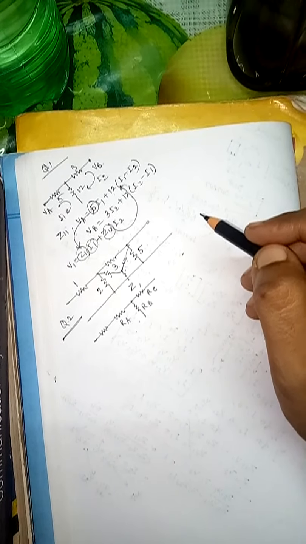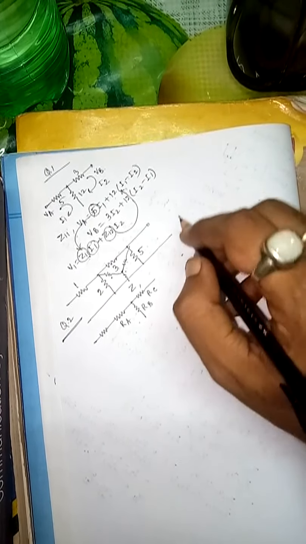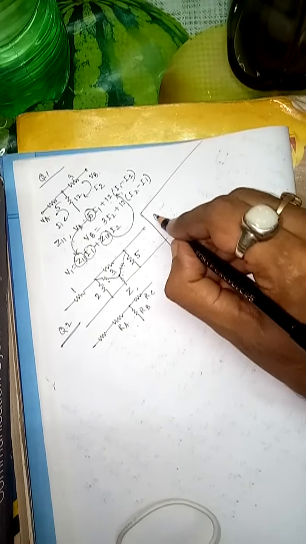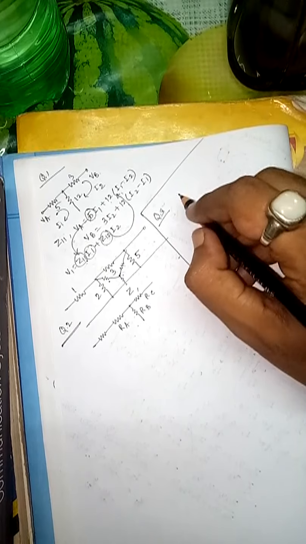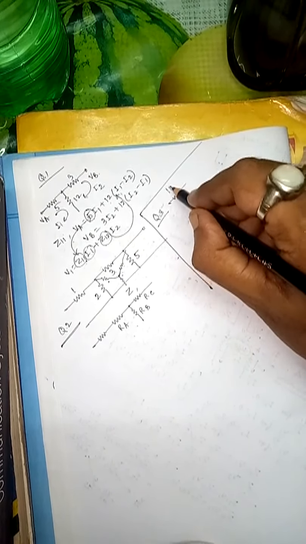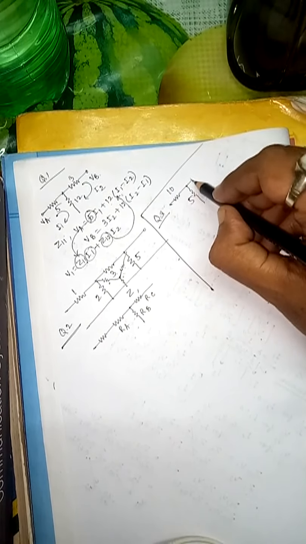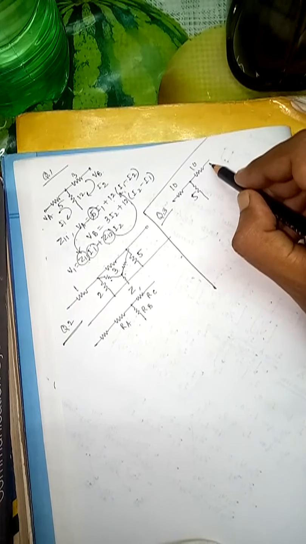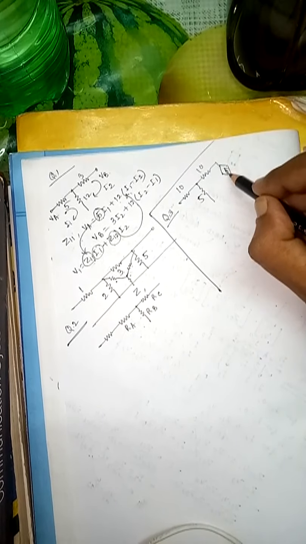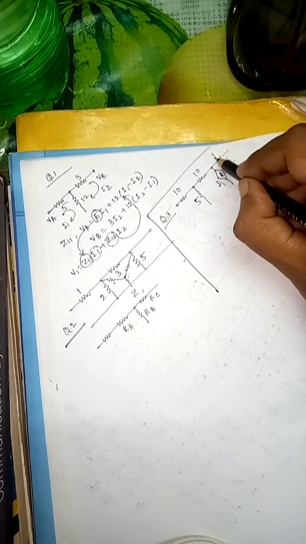Now in another way you can have some more questions, like question number 3. In question number 3 they will be giving that you have to solve, that is 10, that is 5, again this is 10, again this is I1, and that is I2.